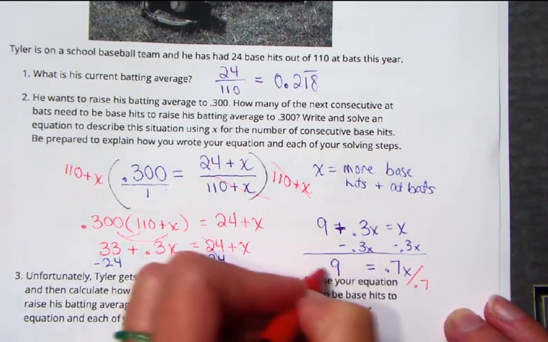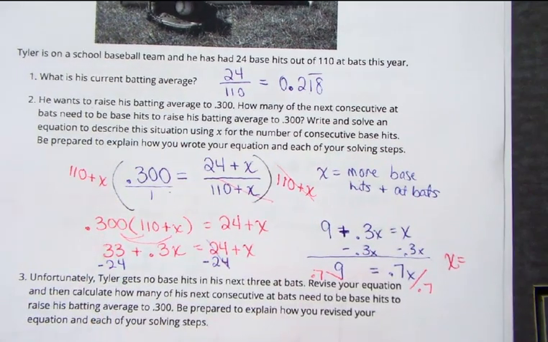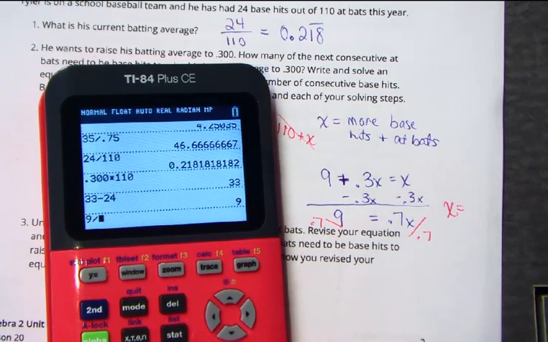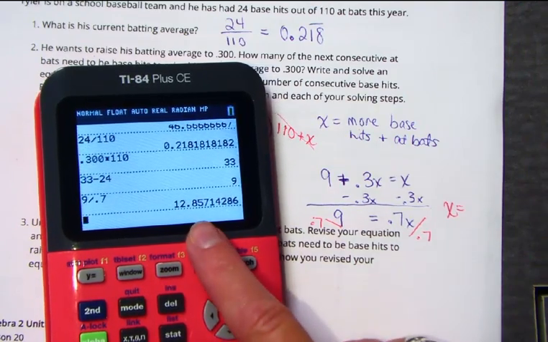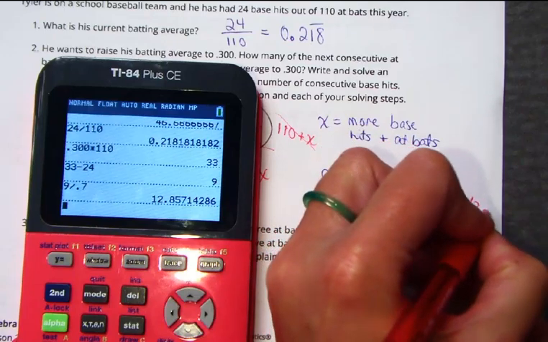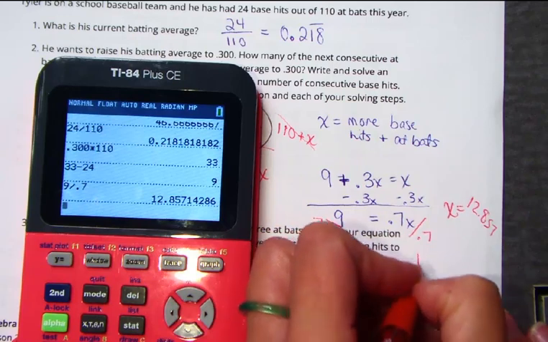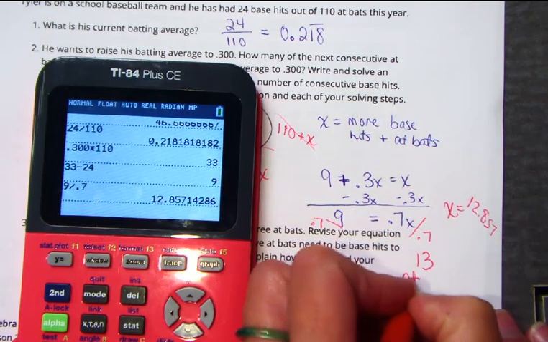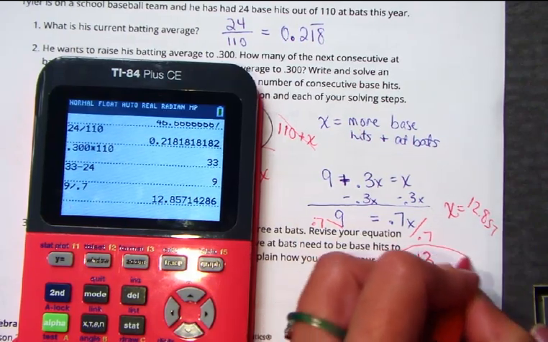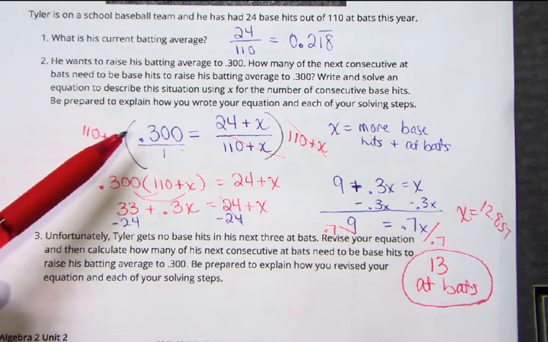And dividing by 0.7 will get my x's by itself. 9 divided by 0.7. So 12.8. But again, he can't have a portion of an at-bat, so he needs to get 13 at-bats in a row. Consecutive base hits in order to raise his batting average to 300.